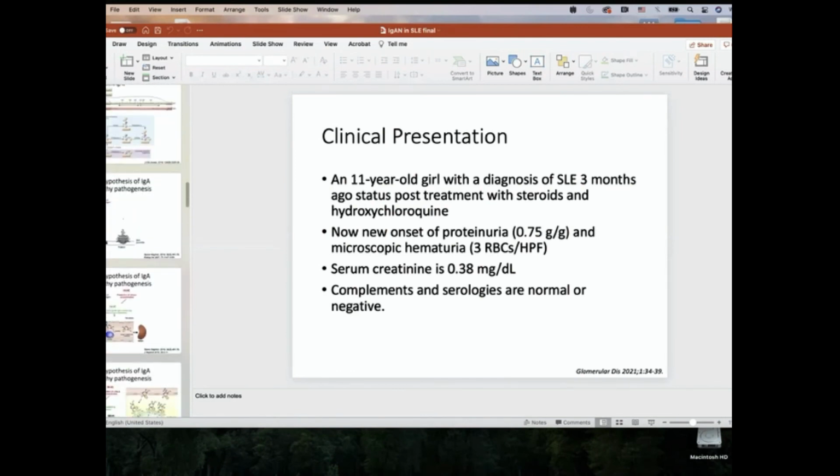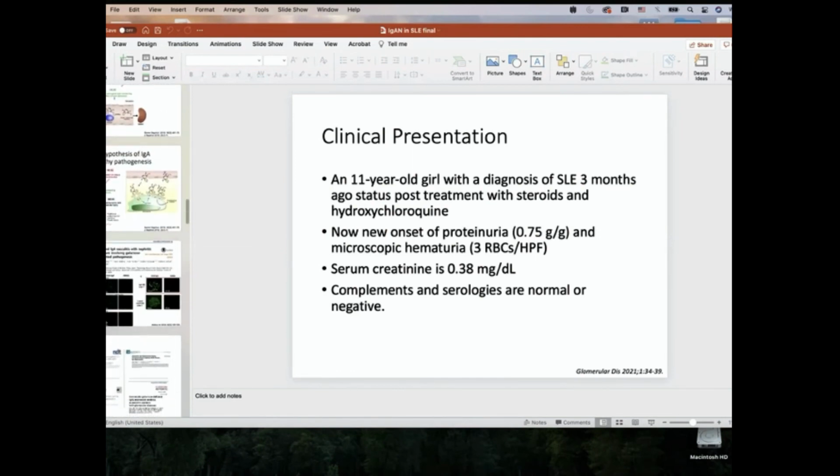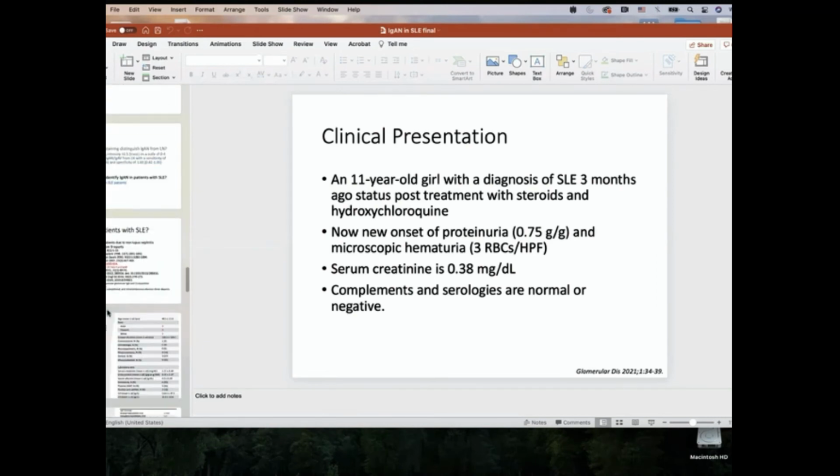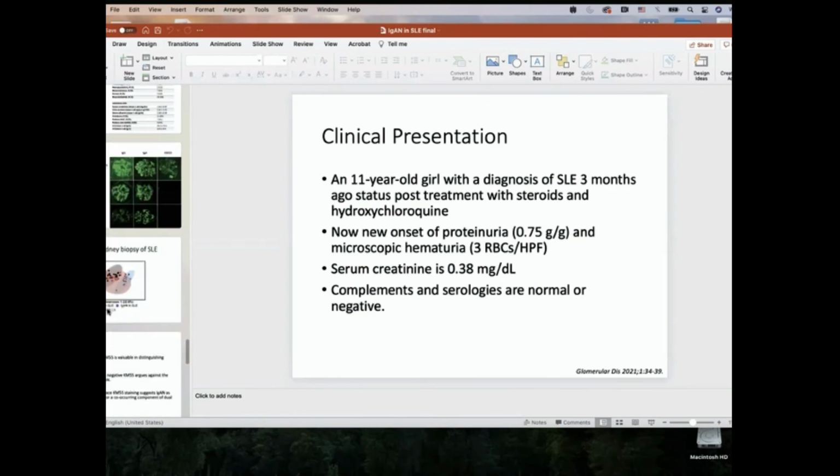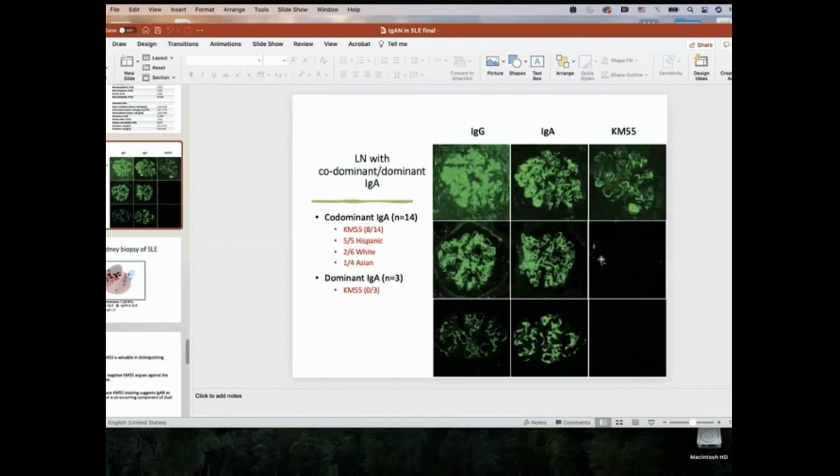So that's about C1q. The next step is the co-dominant cases, for which I have no hesitation; I call them directly lupus nephritis. I would not even think about IgA nephropathy. For these cases, now we feel it's a mixture, at least by phenotype. Some of them are positive for KM55, some are not.